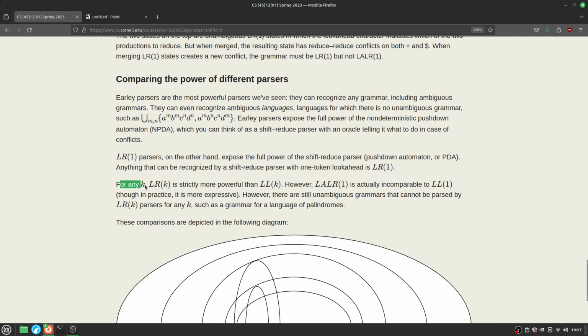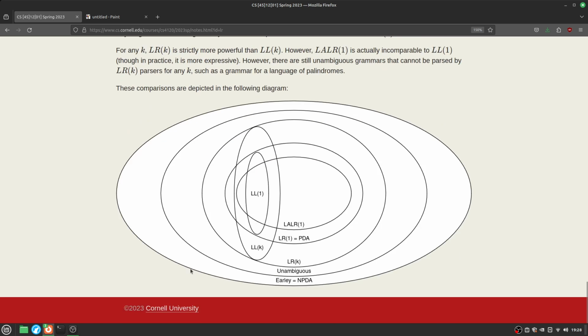For any K, LRK is strictly more powerful than LLK. However, LALR1 is actually incomparable to LL1, though in practice it is more expressive. However, there are still unambiguous grammars that cannot be parsed by LRK parsers for any K, such as the grammar for a language of palindromes. These comparisons are depicted in the following diagram.